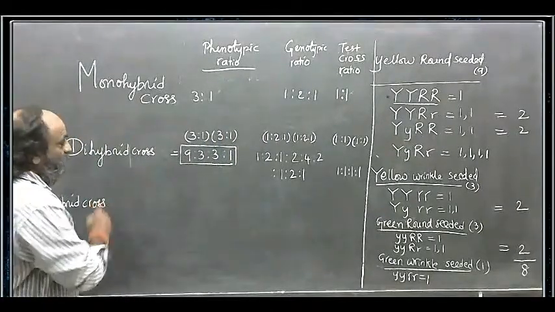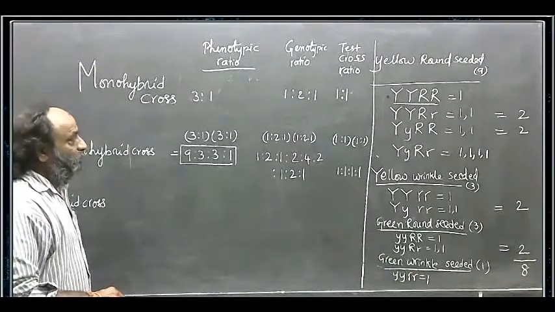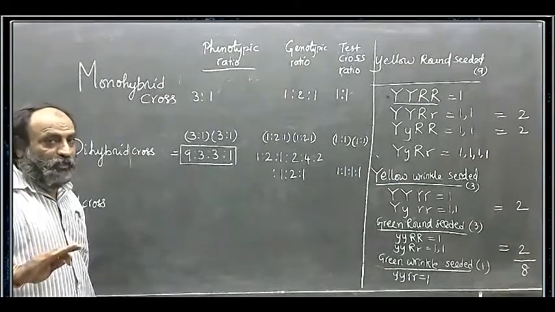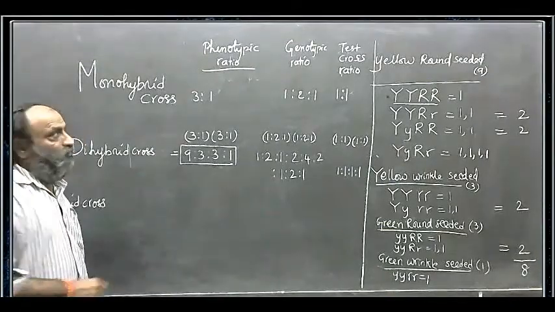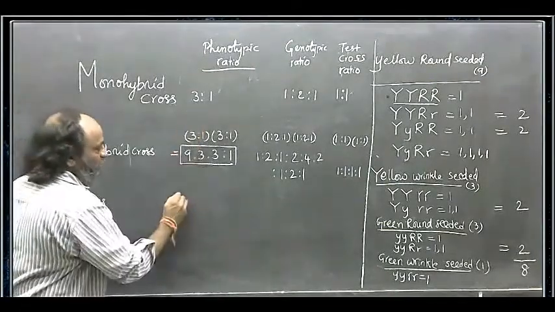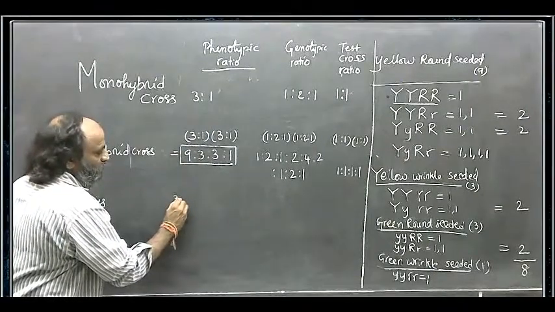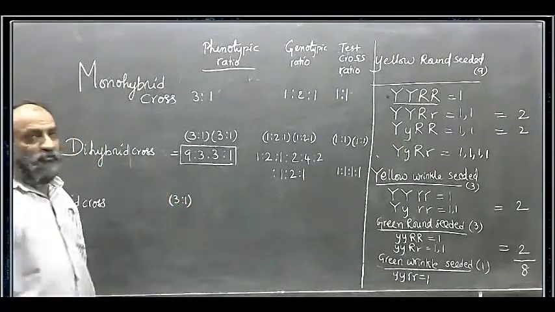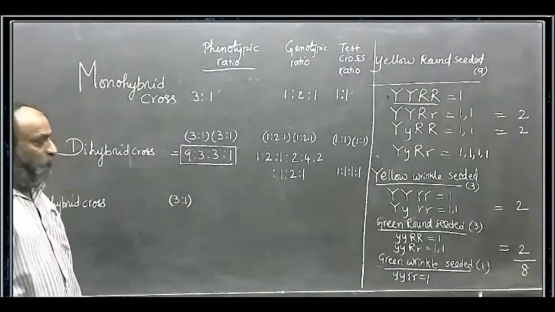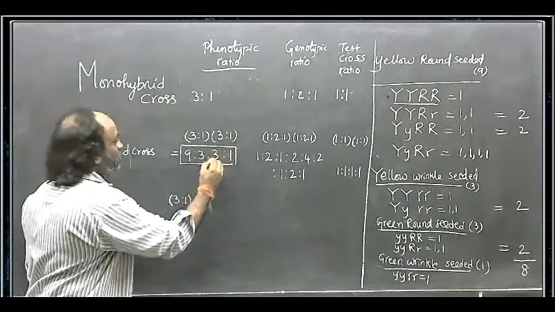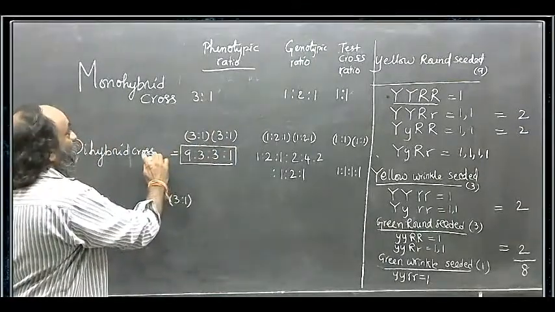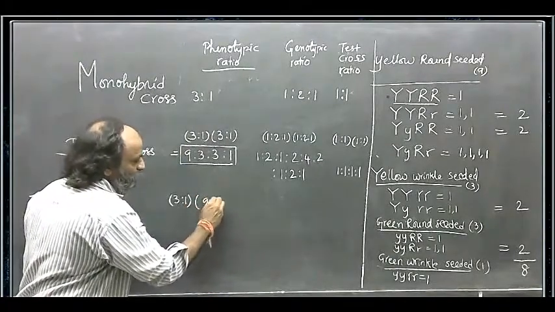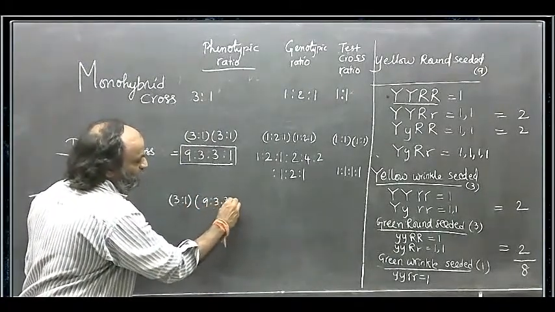Now, what is a tri-hybrid cross? Tri-hybrid cross is monohybrid into dihybrid. What is the monohybrid phenotypic ratio? It is 3:1. And what is the dihybrid phenotypic ratio? 9:3:3:1.